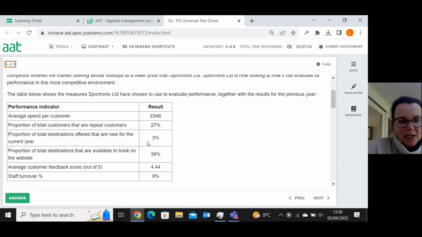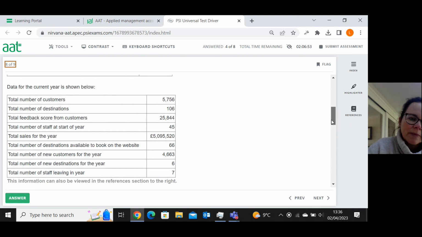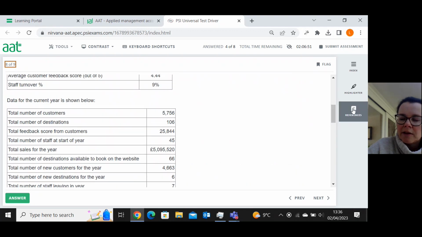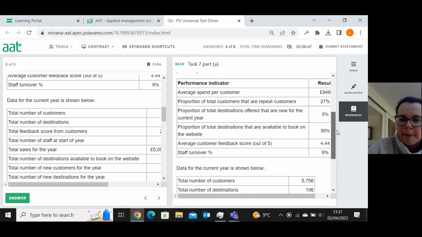Proportion of total destinations offered that are new. Proportion of total destinations that are available to book on the website. Average customer feedback score, 4.44 out of 5, pretty good. Staff turnover, 9%. We've got data for the current year, which we can also get to in the references section, which will make life a little easier.